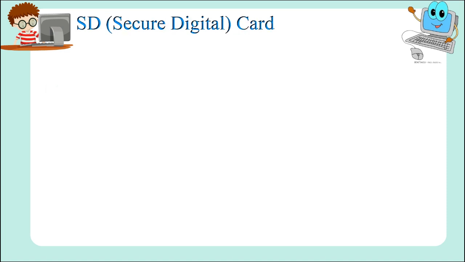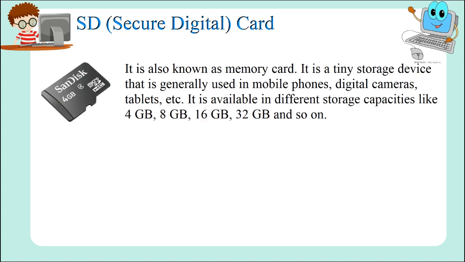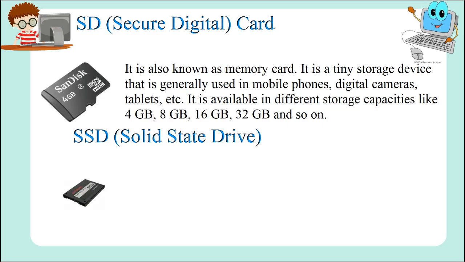SD, Secure Digital Card. It is also known as memory card. It is a tiny storage device that is generally used in mobile phones, digital cameras, tablets, etc. It is available in different storage capacities like 4 gigabytes, 8 gigabytes, 16 gigabytes, 32 gigabytes, and so on. SSD, Solid State Drive.